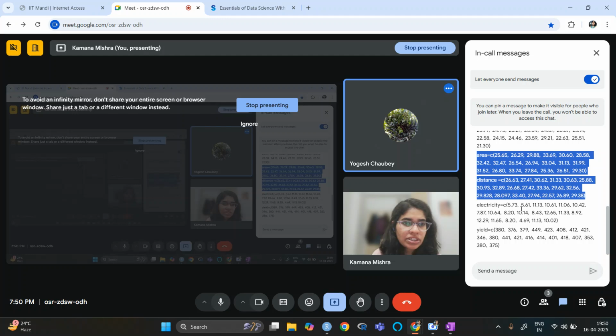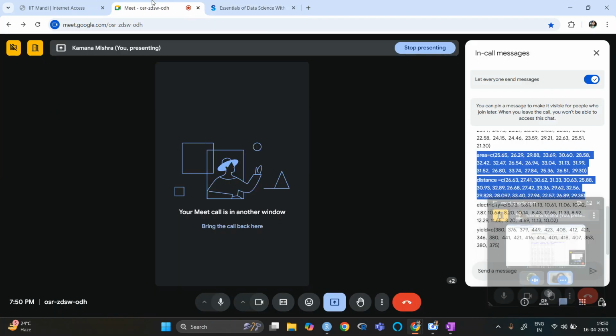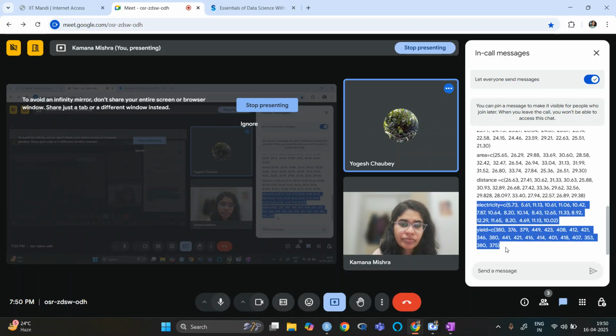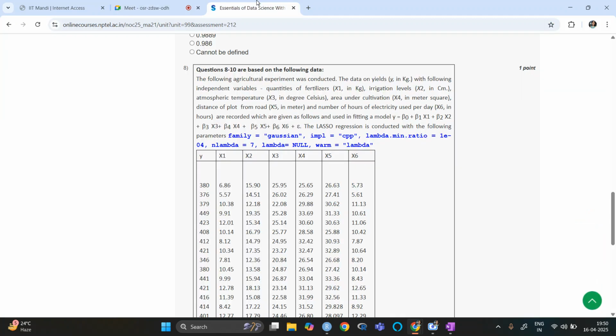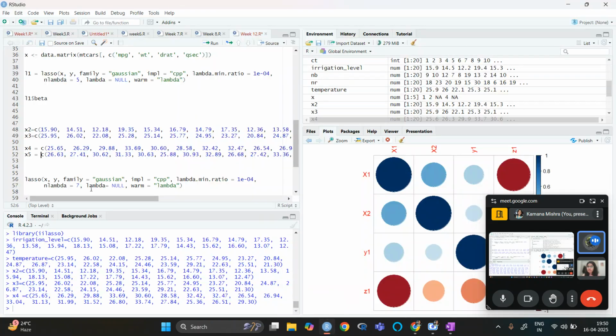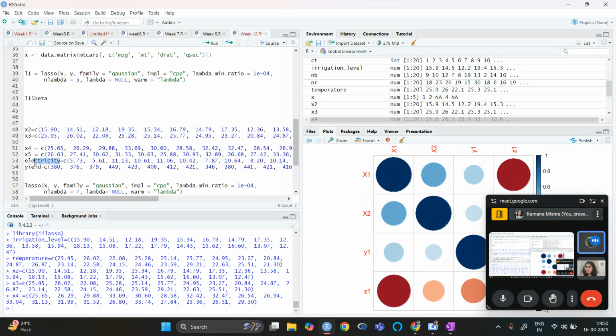You have not put here the quantities of fertilizer. Fertilizer, okay, just a moment. Fertilizer I have already. Fertilizer was first, ma'am. Okay, I'll just give it. Fertilizer is this one.